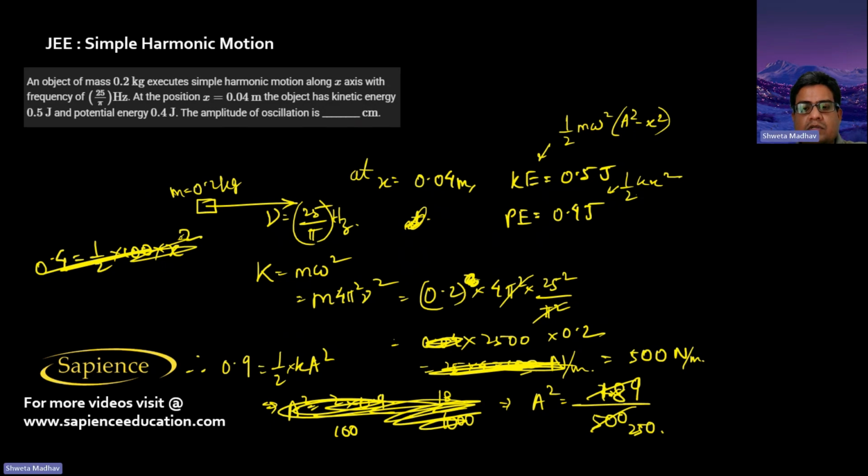So in centimeter it is asked. m into omega squared, 4 pi squared nu squared. So 25 squared times 4 is 100, 2500 into 0.2, that is 500.